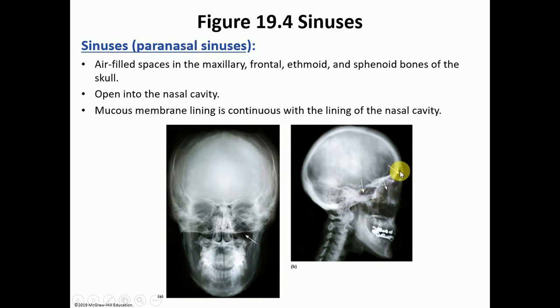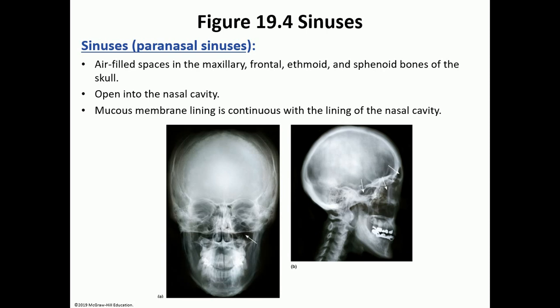So we have a frontal sinus, which would be right above the orbit. We also have the maxillary sinus, which is found in the maxilla, which is the cheekbone. We also have the ethmoidal air cells and the sphenoidal air sinuses.